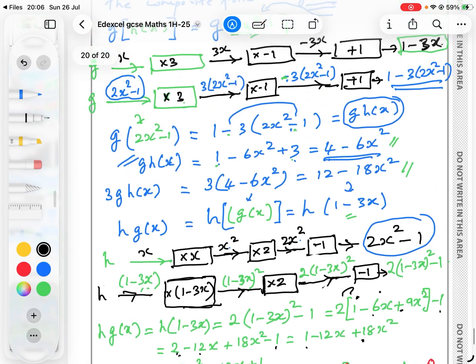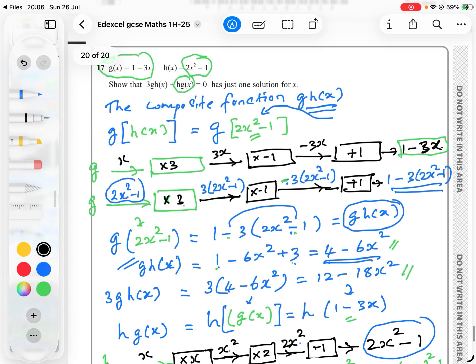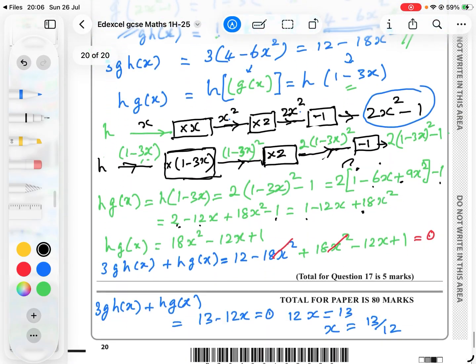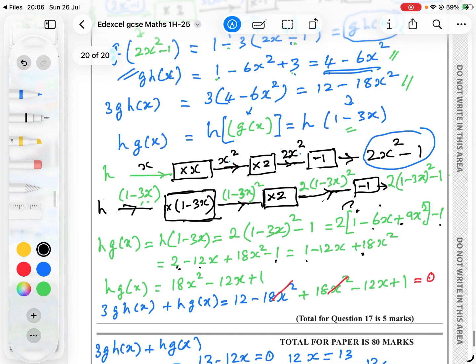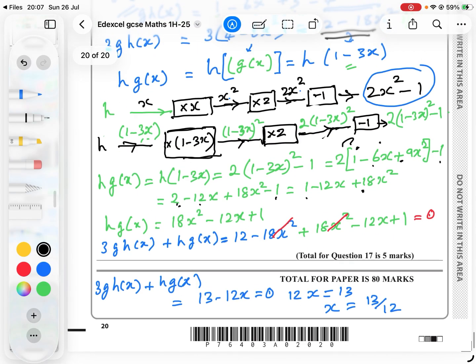But your question is 3gh(x) plus hg(x) equals 0. That's what I wrote: 3 times gh(x) is 12 minus 18x squared, plus hg(x), which we found.